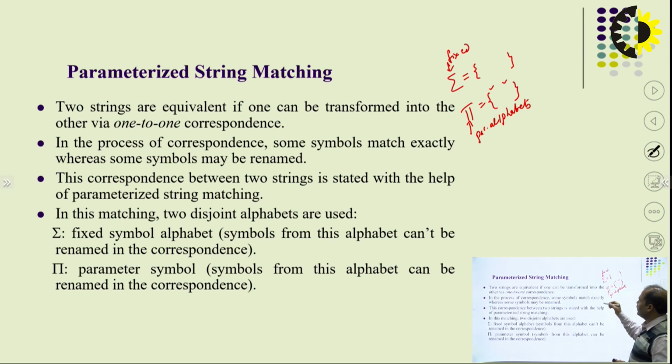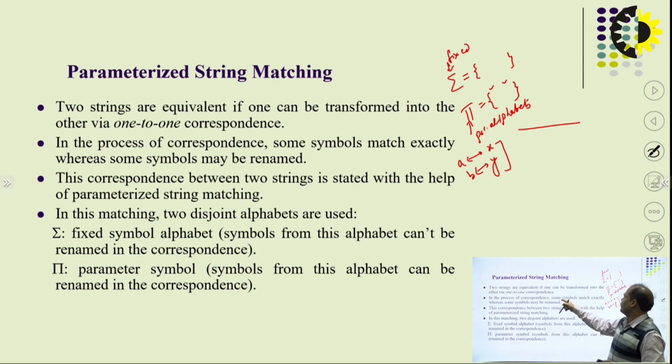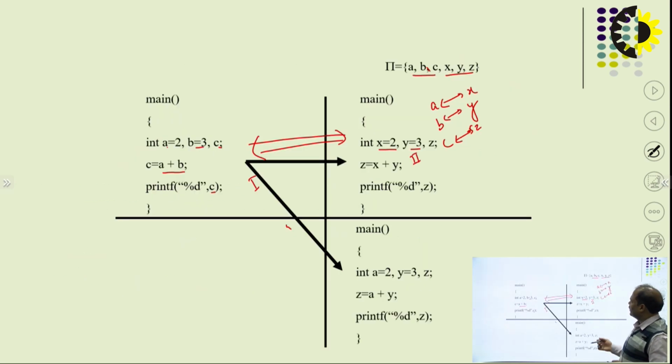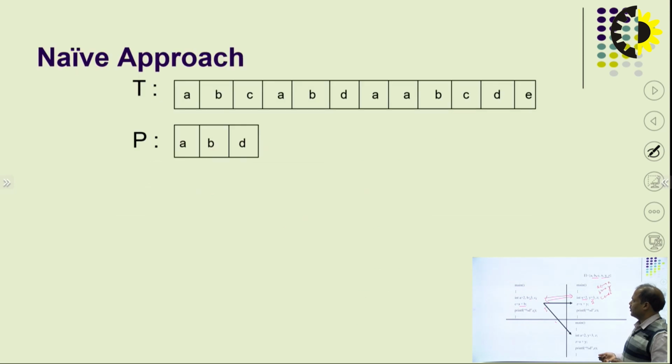We transform A to X and B to Y, and this should be consistent within a text. It's not like sometimes we map A to Y and sometimes we map B to X. So in the process of correspondence, some symbols match exactly, whereas some symbols may be renamed, right? This is very popular and generally used in plagiarism detection.